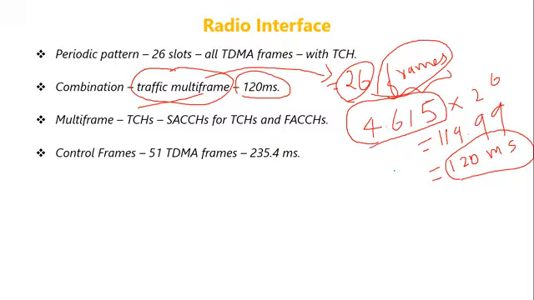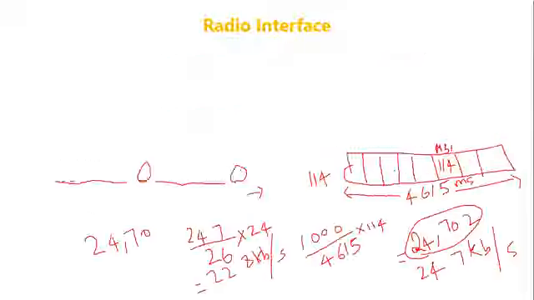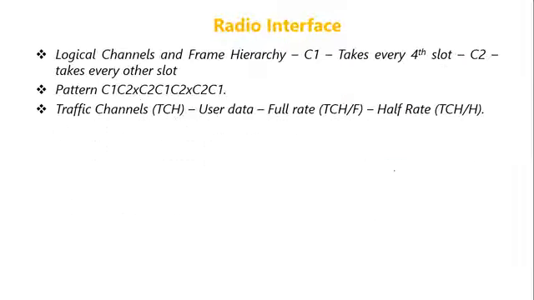All signaling information of TDMA is put together in one particular multi-frame, and that multi-frame is called the control multi-frame. The control multi-frame consists of 51 TDMA frames.